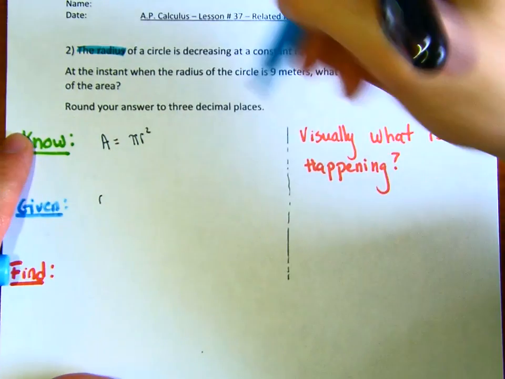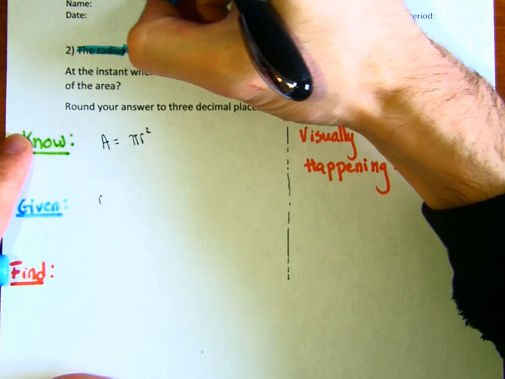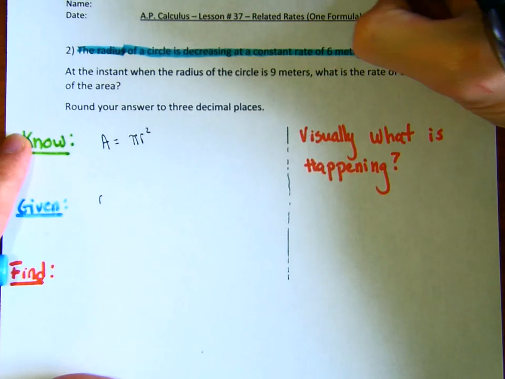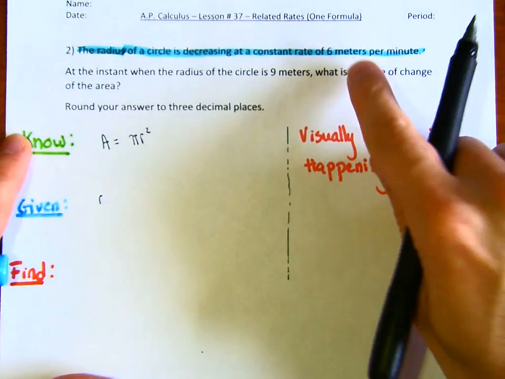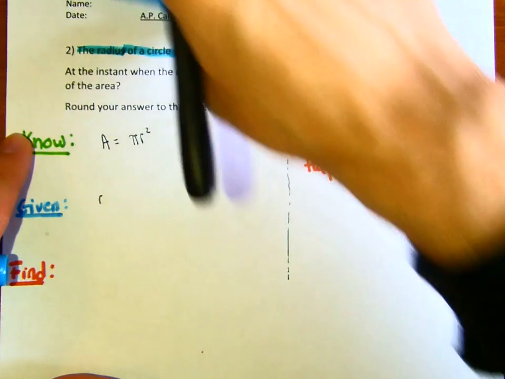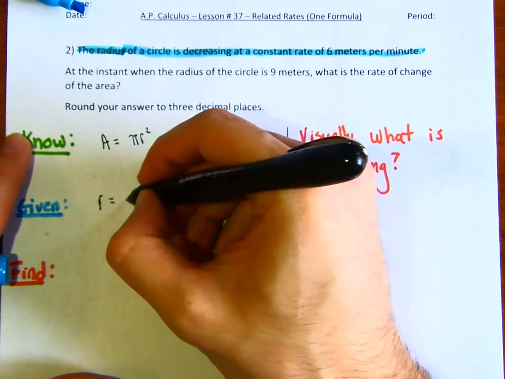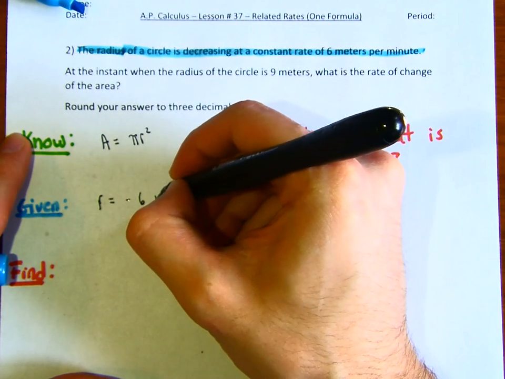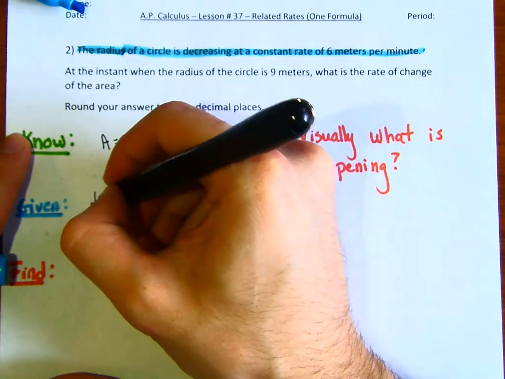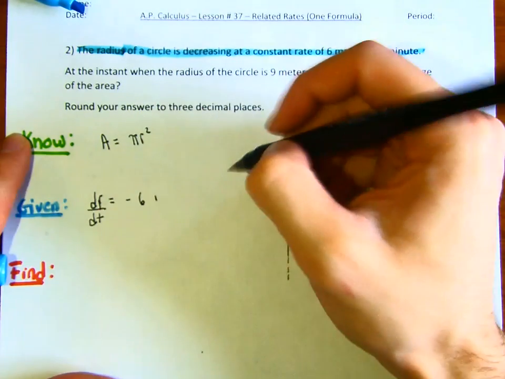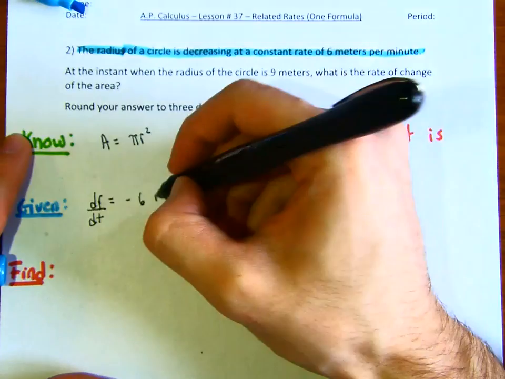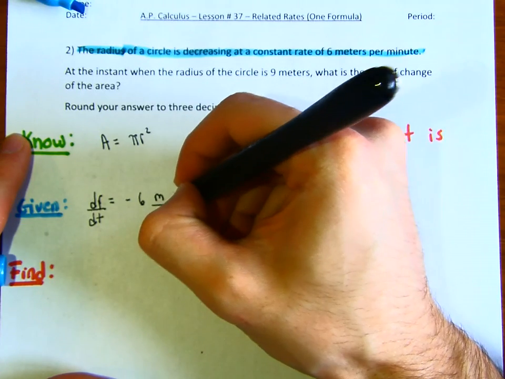Now it's saying of a circle is decreasing at a constant rate of 6 meters per minute. So here we could say that dr/dt is equal to negative 6 meters per minute.